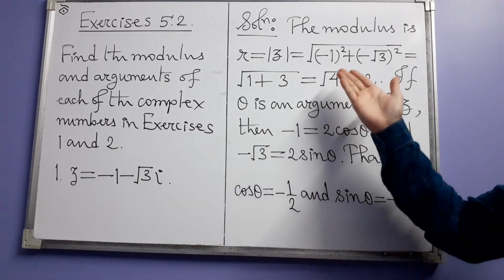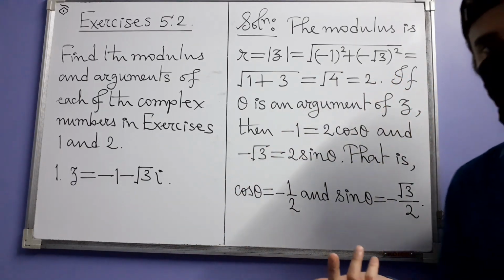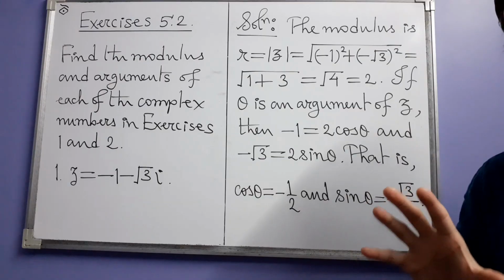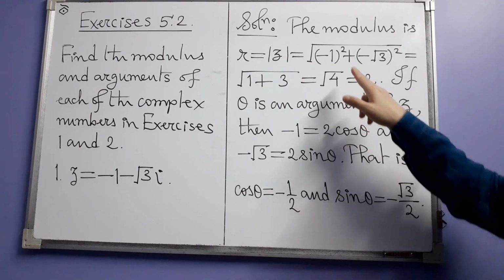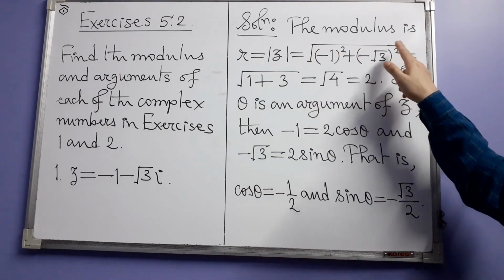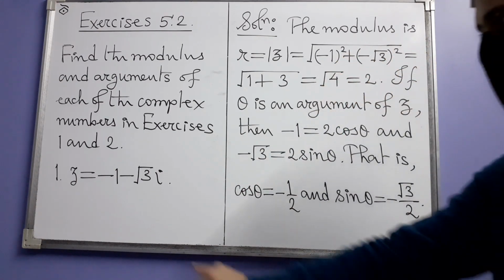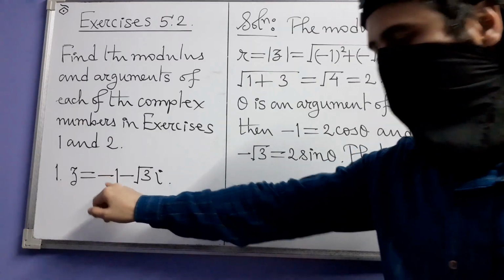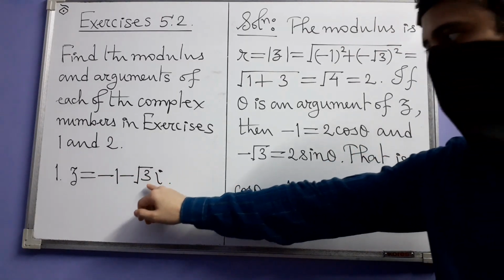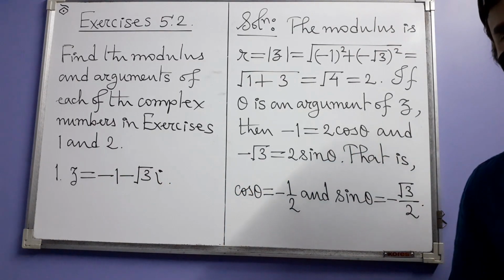So finding the modulus is a simple matter because the definition for modulus is this: square root of real part square plus imaginary part square. In this complex number, -1 is the real part and minus root 3 is the imaginary part. Again, I am repeating something.